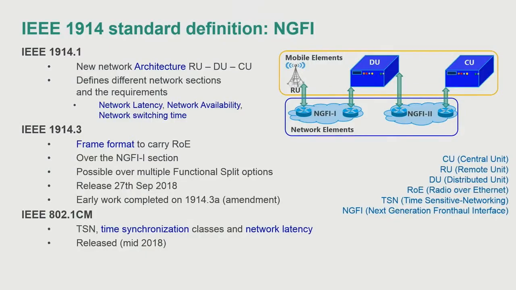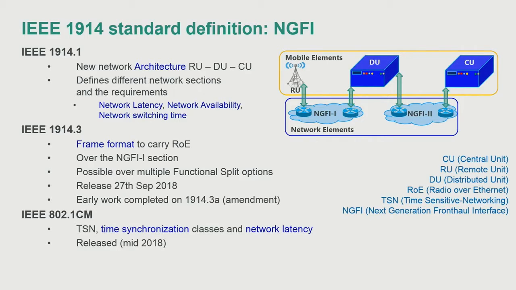So who defines that next generation fronthaul interface? What standard bodies are responsible for it? Here I identified 3 IEEE organizations that have either defined NGFI or reference the NGFI within the standard. The first one is 1914.1, and they're responsible for the architecture.